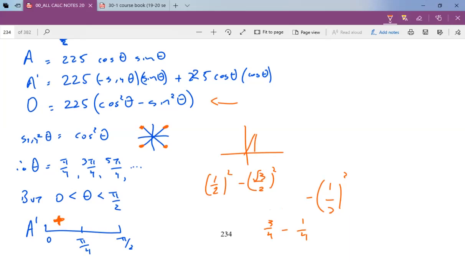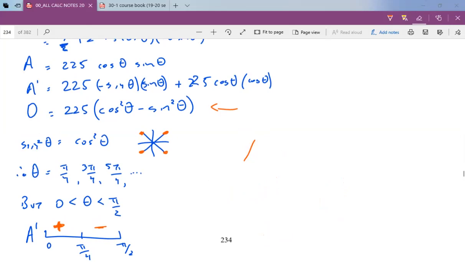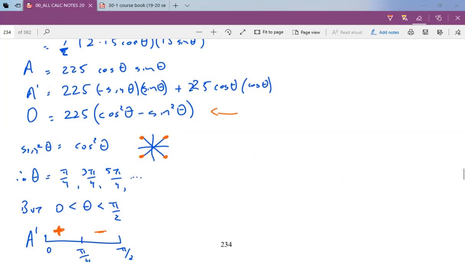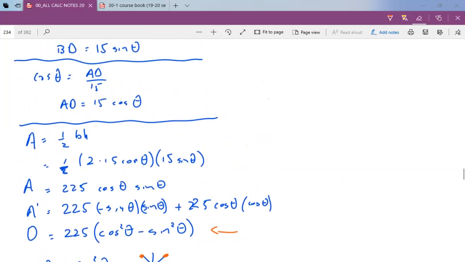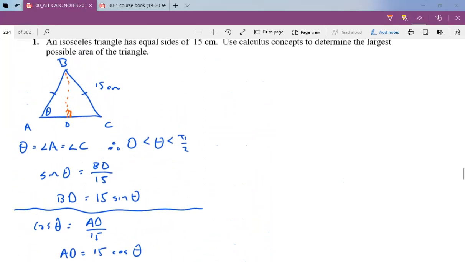And because root 3 halves squared is larger, this ends up being a negative amount. And so that will be decreasing. So from all of that, what can we state?